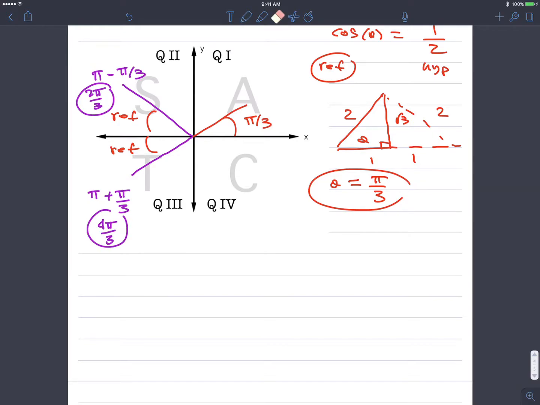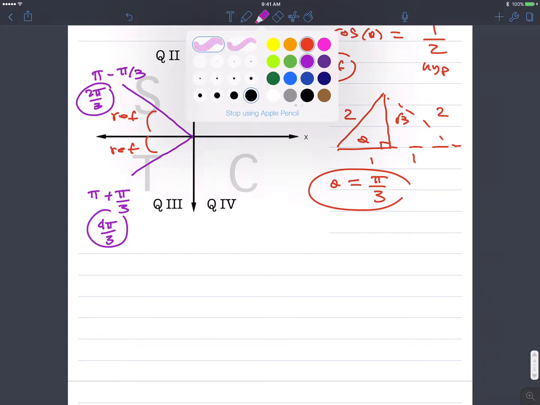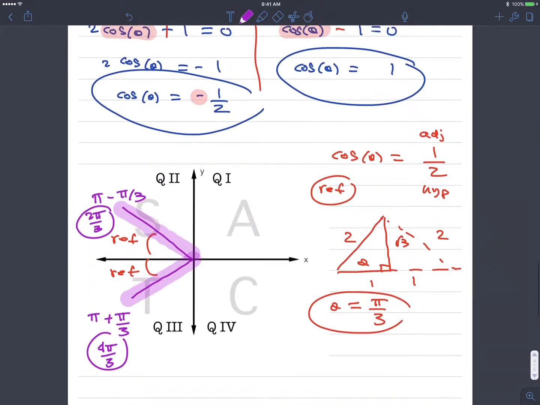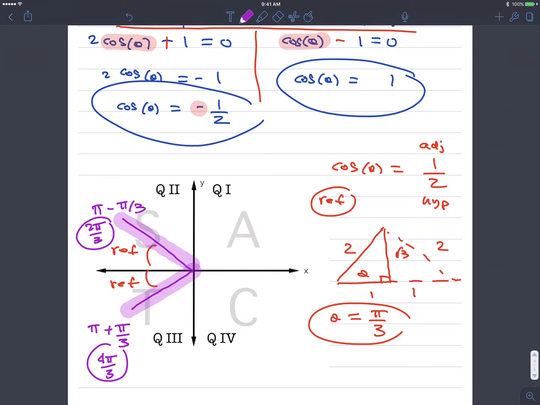Okay. I'm just going to keep this up. So far, I have a quadrant 3 solution and a quadrant 2 solution. Now let's consider cosine theta being 1. So let's ask you guys this question.